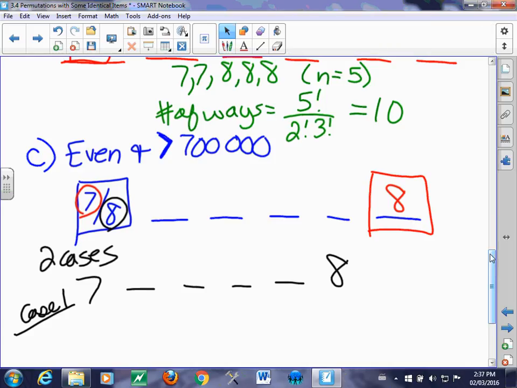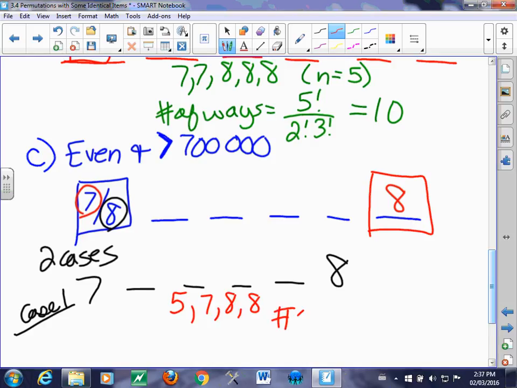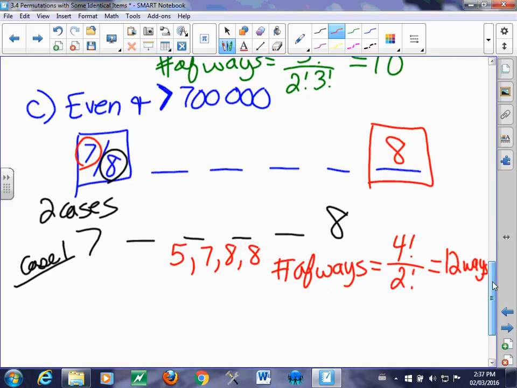What numbers are left over? Well, we've got a 5, 1 more 7, and 2 8s. So the number of ways equals 4 factorial over, notice the 8 repeats twice, so 2 factorial, which equals 12 ways for case 1.